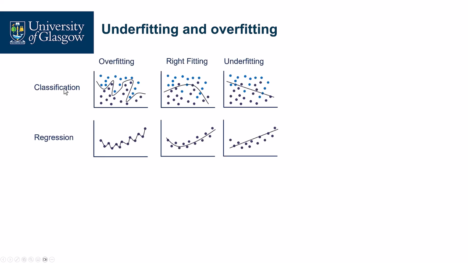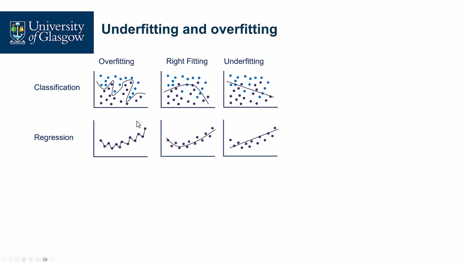As we can see in this figure, for classification and for regression, the right fitting is in the middle. While it's right fitting, the tendency, or general trend, or the underlying relationship between the input and output is caught by the machine learning model.